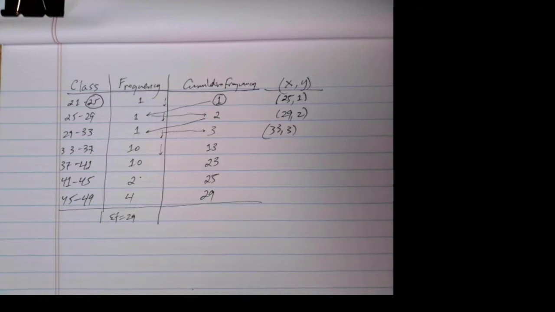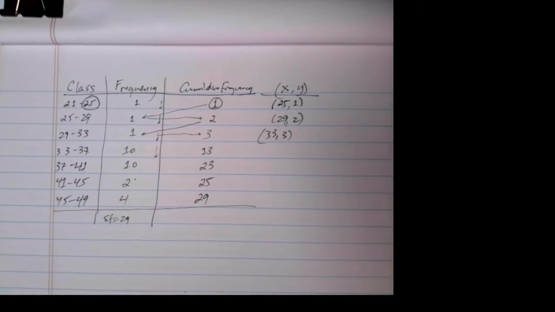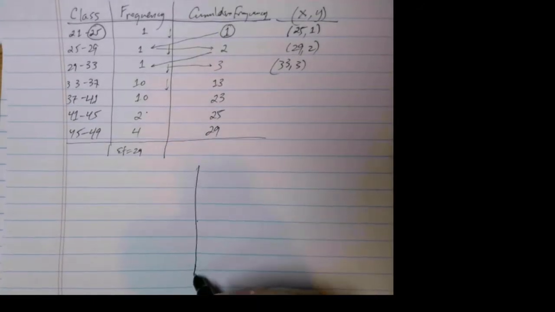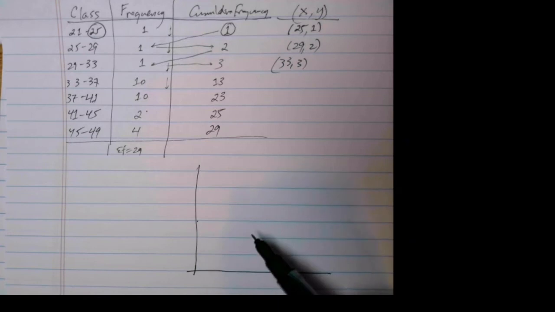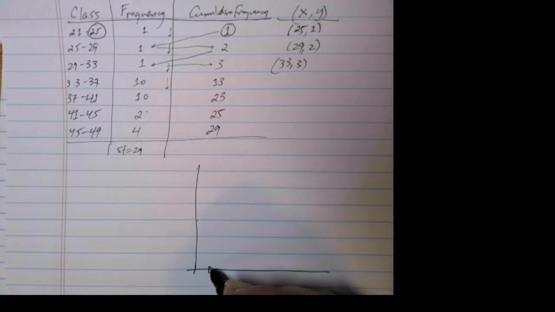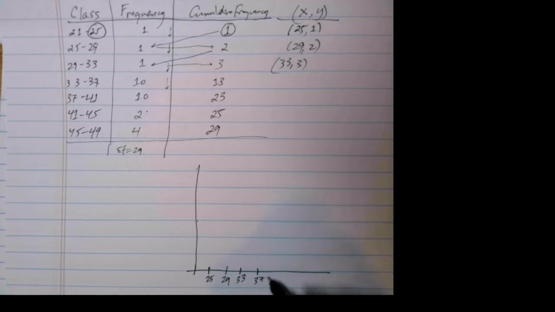Okay. Let's draw the graph. So there we go. I'm going to need the right endpoints here. So let's start with 25, 29, 33, 37, 41, 45, 49.